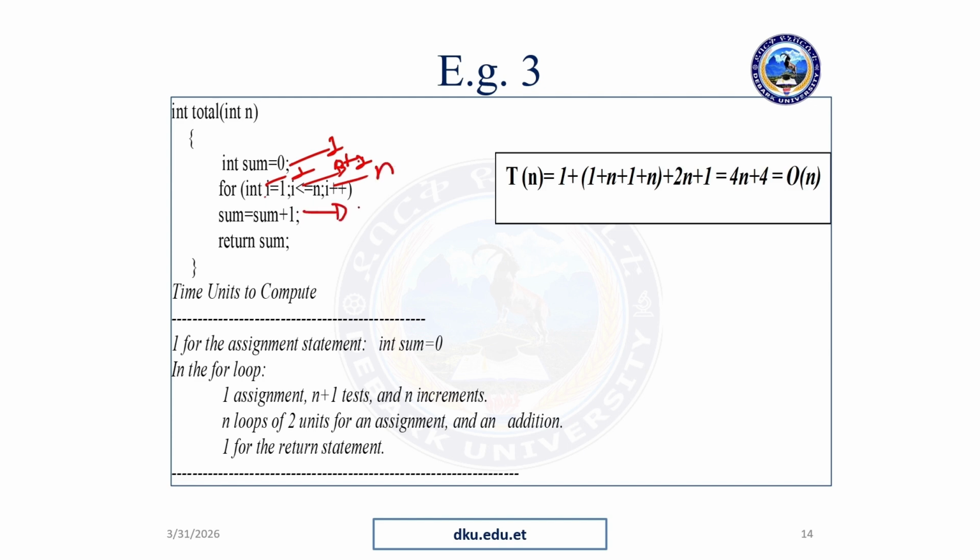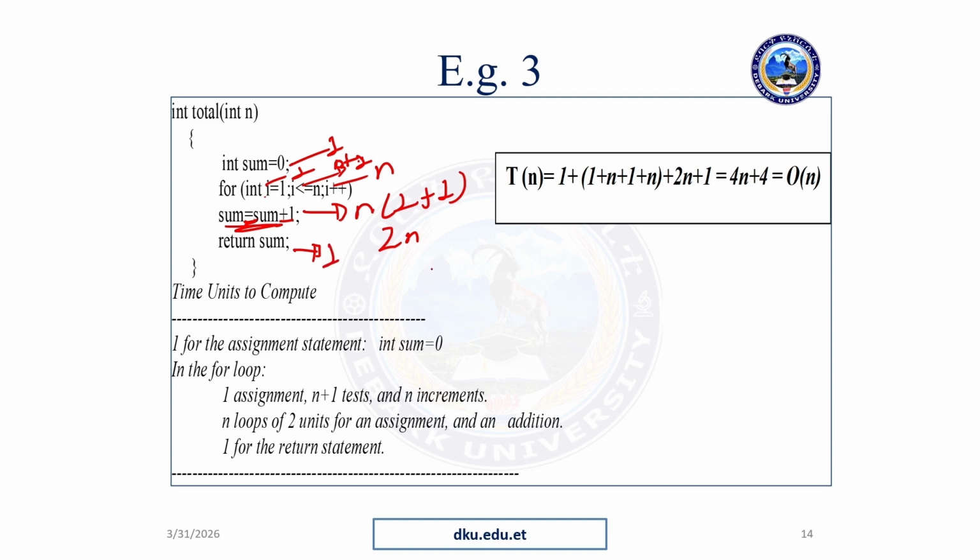This whole statement will be executed n times, and this assignment operation will take 1 unit of time, and this addition operation will also take 1 unit of time. So this is multiplied by n. So 1 plus 1, so 2n. Then this return operation will take 1 unit of time.